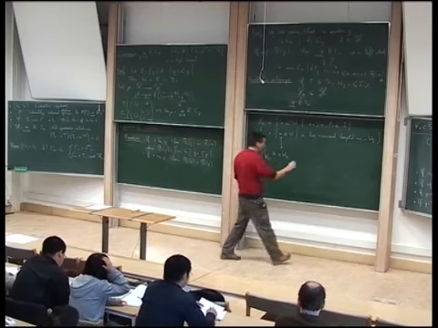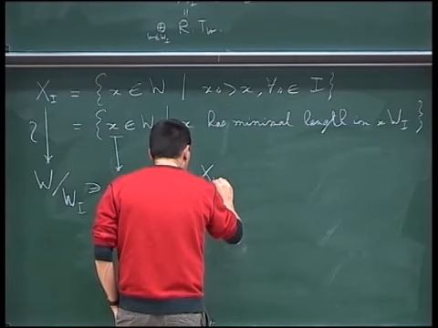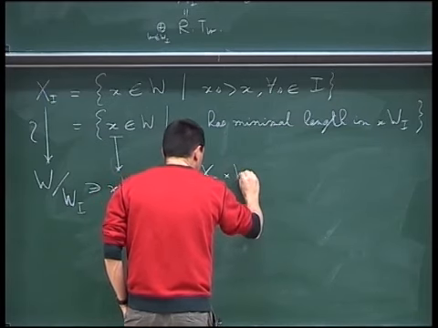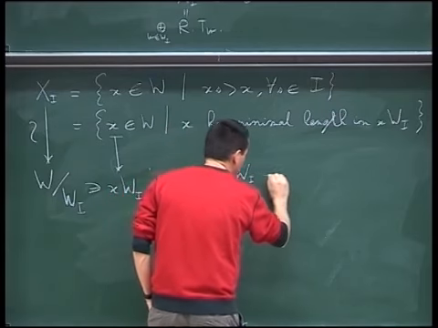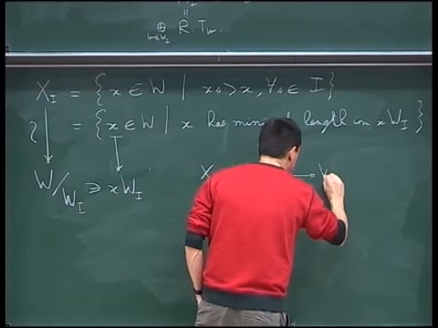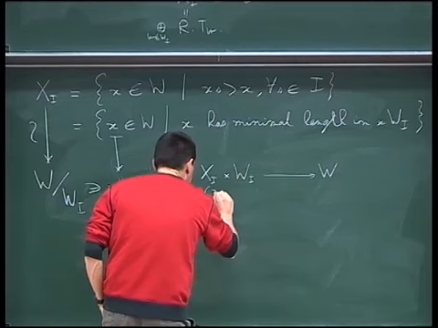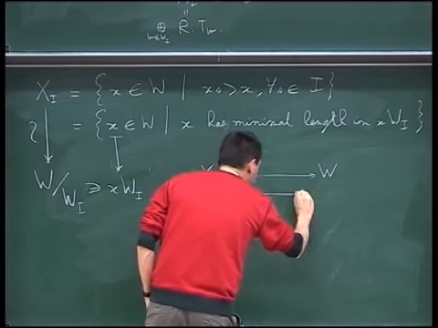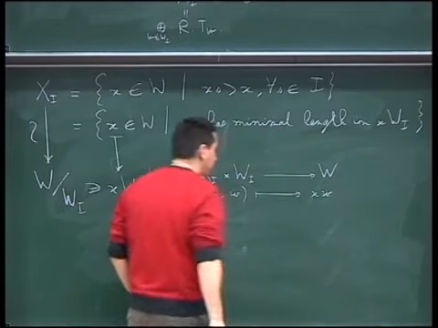In particular, you get a bijection between the product of XI and WI with W, and it sends a pair (x, w) just to the product.